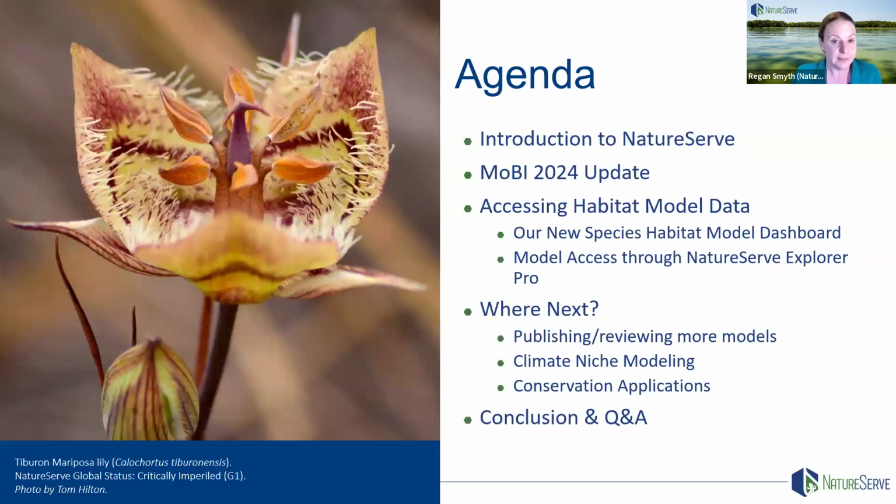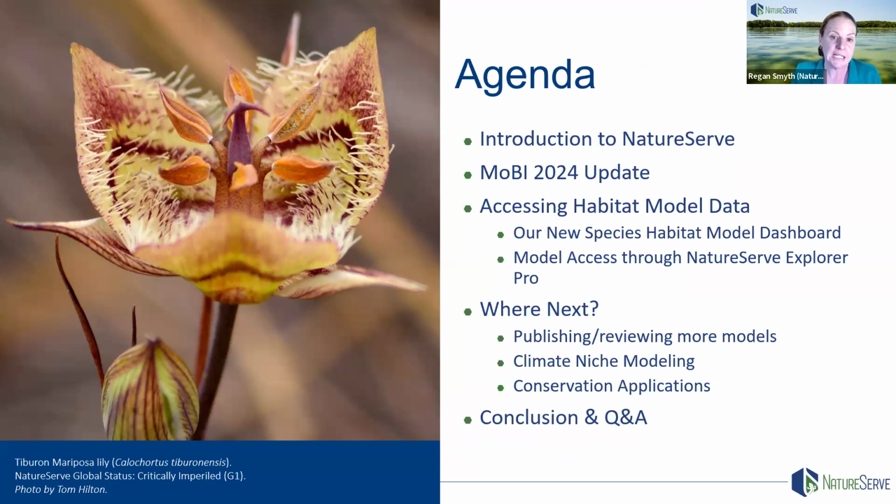Next slide. So specifically, I'll start by providing a little bit of background on NatureServe and the unique role we play in bringing together data on North American biodiversity. I'll then hand it over to Chris, who's going to be discussing the update of the MoBI maps.